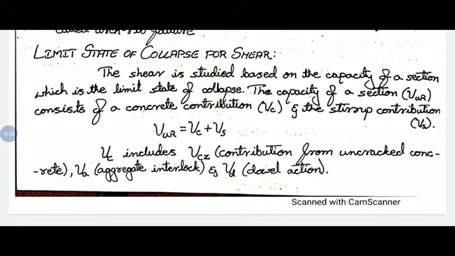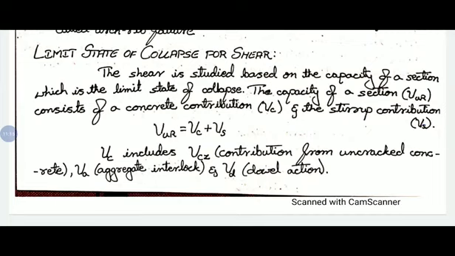So what are those guidelines we have? So here, the shear is studied based on the capacity of the section. So what is the maximum shear stress carrying capacity of the section? Based on that we are going to study limit state.